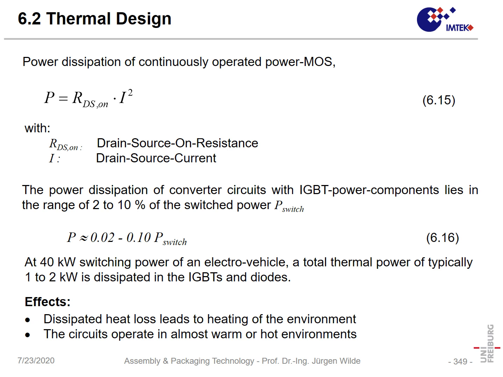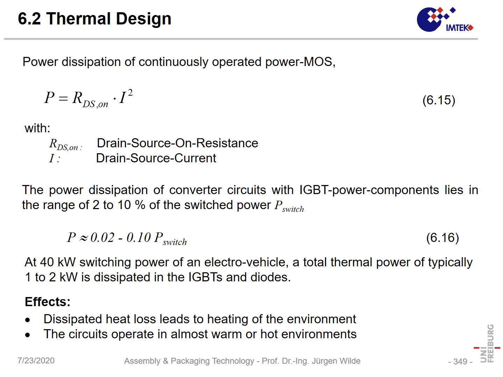On the other hand, when we have a continuously operated power MOS, that is something like a very low ohmic resistor that is turned on. And so when it's turned on, we have minimum resistance, on resistance between drain and source of only, let's say, several to tens of milliohms.